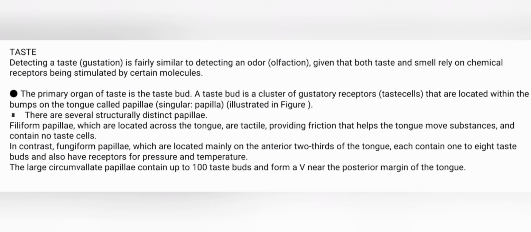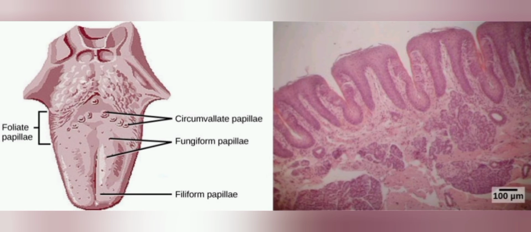In contrast, fungiform papillae, which are located mainly on the anterior two-thirds of the tongue, each contain 1 to 8 taste buds and also have receptors for pressure and temperature. The large circumvallate papillae contain up to 100 taste buds and form a V near the posterior margin of the tongue.